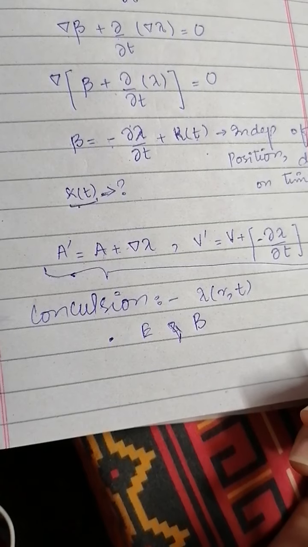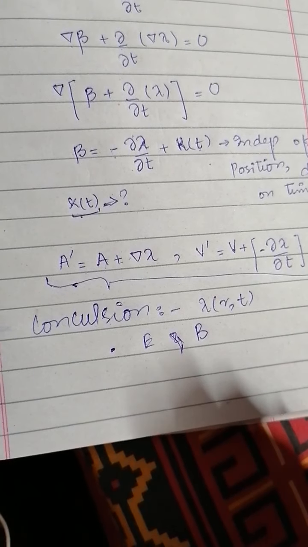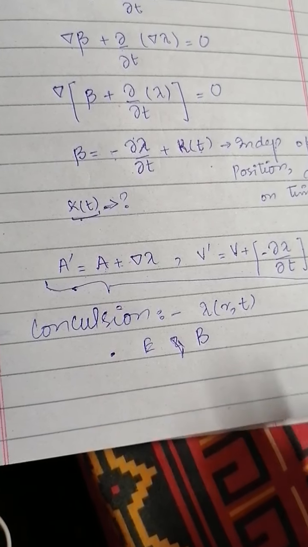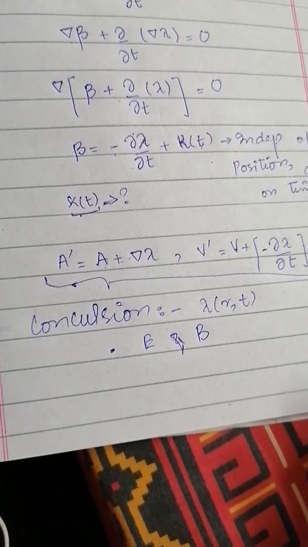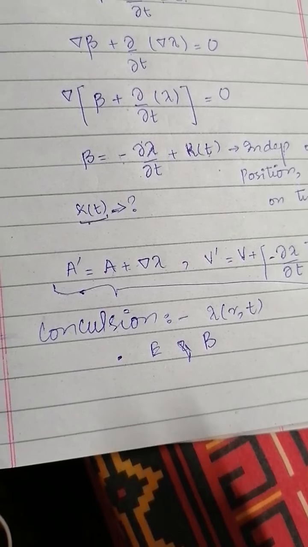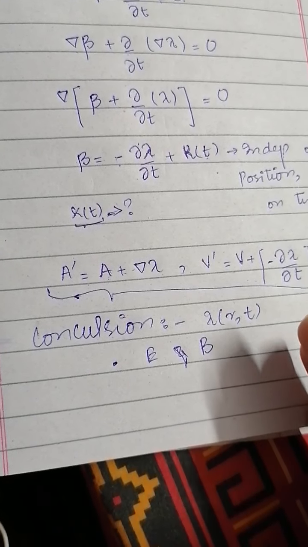Those quantities which, by adding or subtracting in our potentials A and V, don't affect our electric and magnetic fields, such values are called gauge transformation.